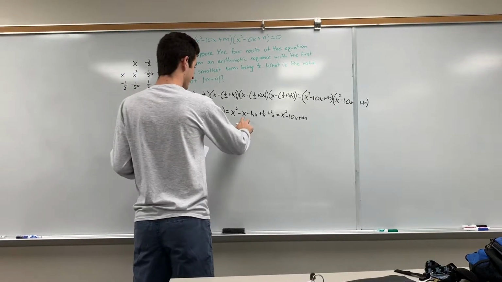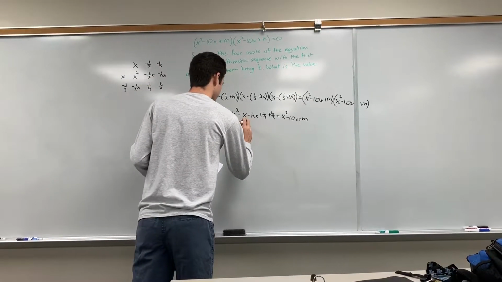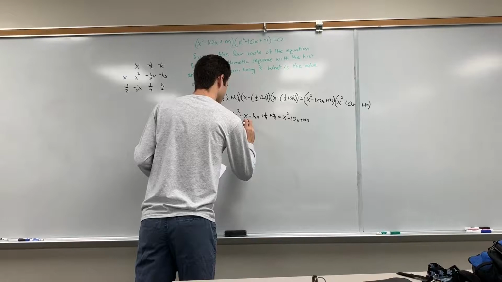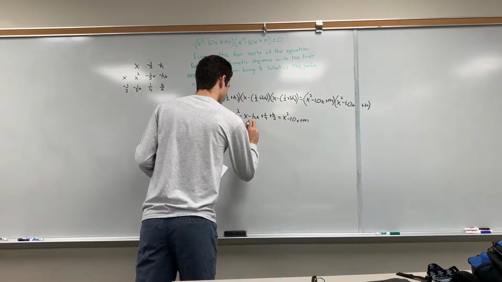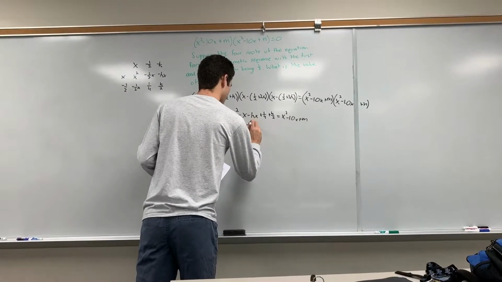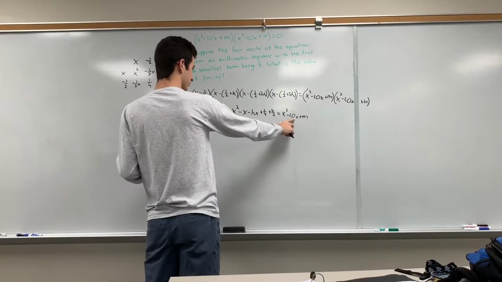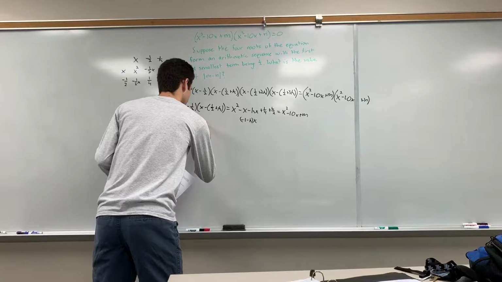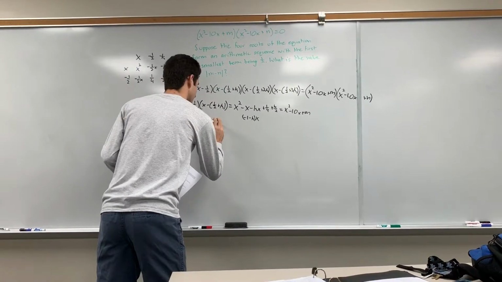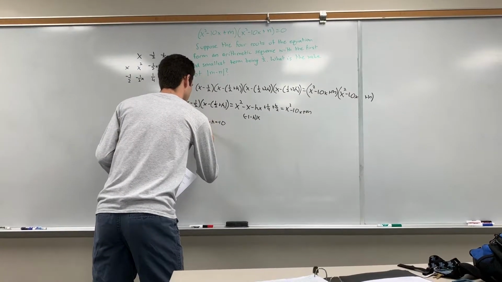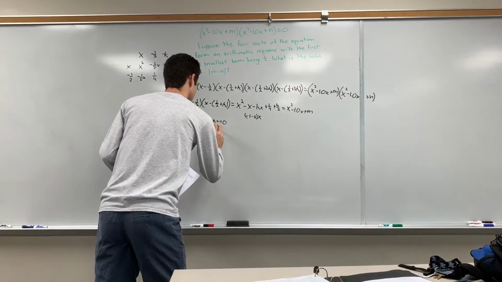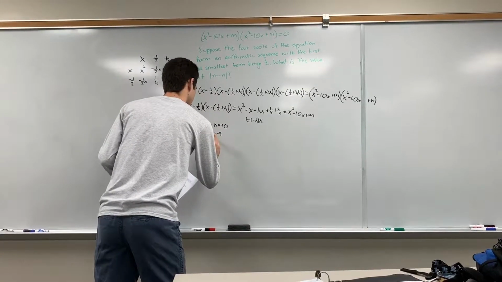The coefficient on the x term is really minus 1 minus k. So that means -1 minus k equals -10. So k equals 9.